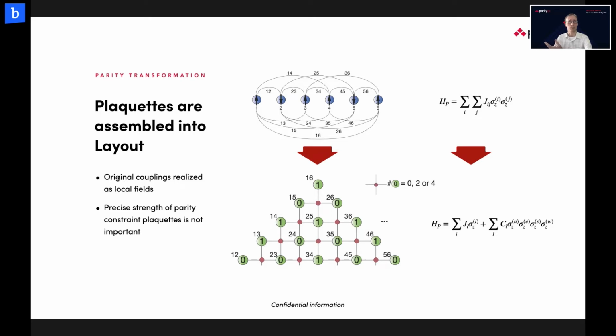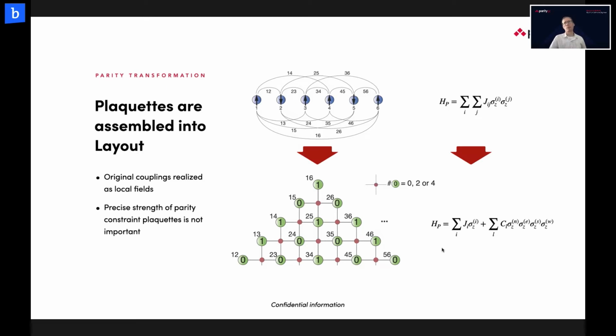And as I told you, the original couplings are realized now as local fields. So that's how the original problem is encoded. And what's nice about these plaquettes, each of these squares is a plaquette, is that the precise strength of the plaquette couplings is not important. This parameter CL in this physical Hamiltonian only needs to be large enough that it enforces the constraint, but the precise value of it is not that important.